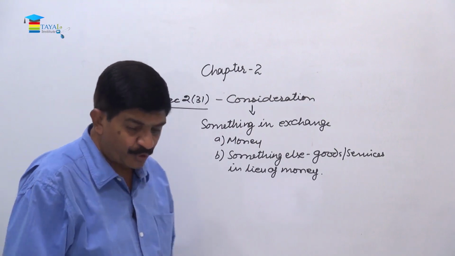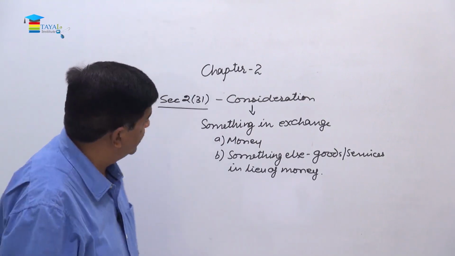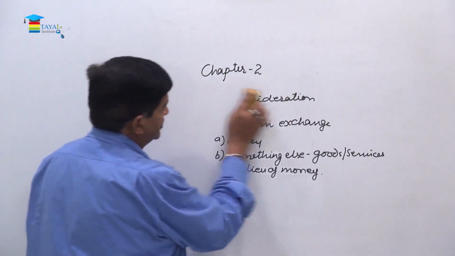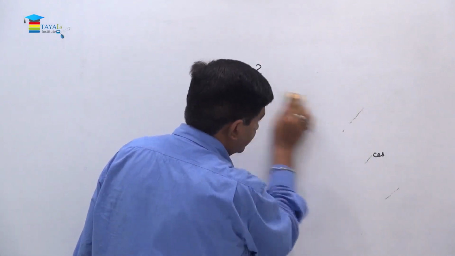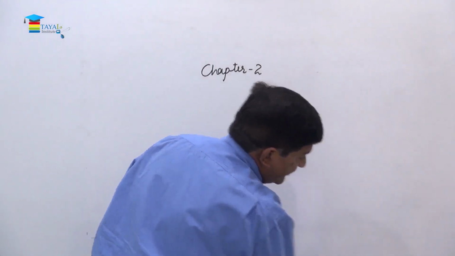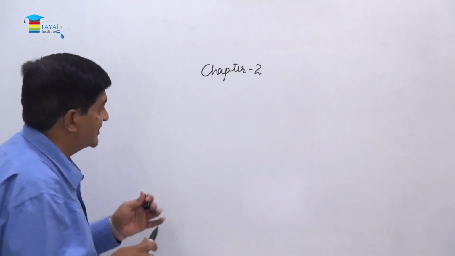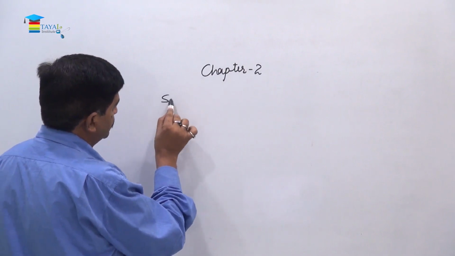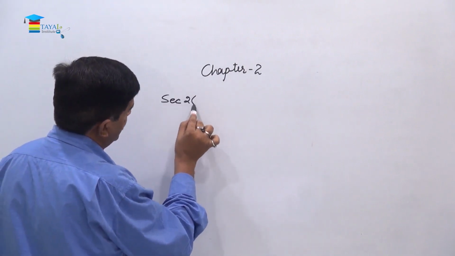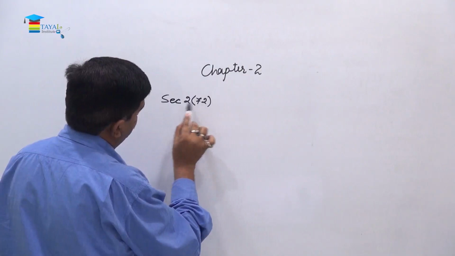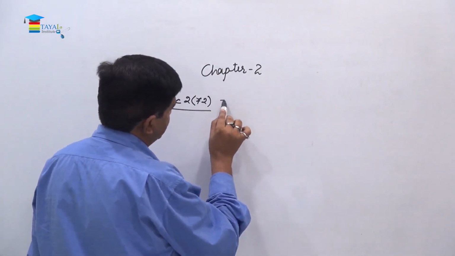Then comes the next important definition, that is manufacture. It is under section 2 subsection 72, manufacture. The definition of manufacture is not the same or similar as it was under the Central Excise Act.